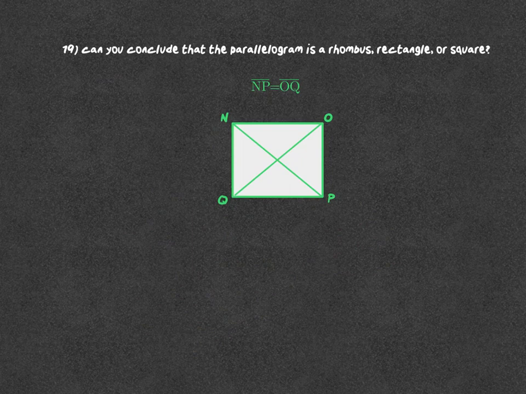For this next example, we want to conclude if this parallelogram is a rhombus, rectangle, or square. So the first thing we know is that NP is congruent to OQ. So NP is the same as OQ. So if the diagonals are congruent to each other, then we know it is a rectangle.